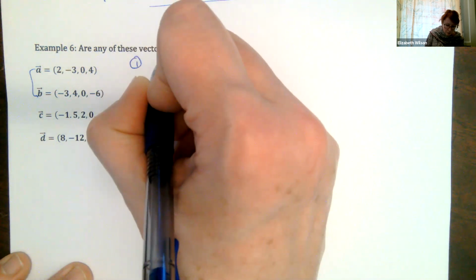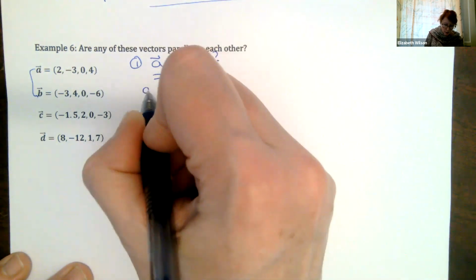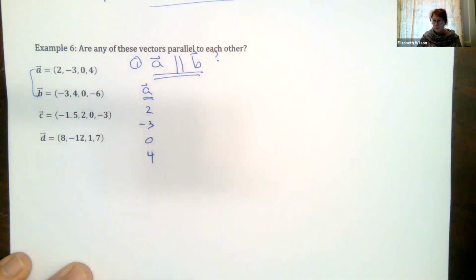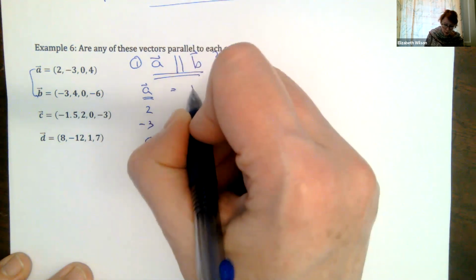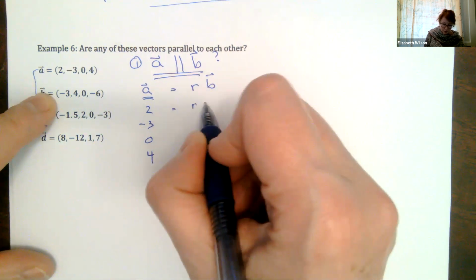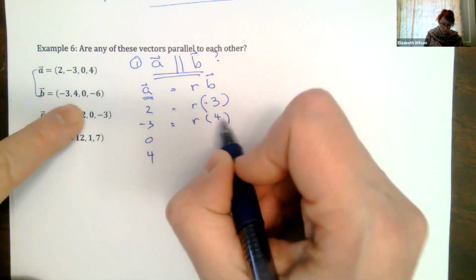The first one that we're going to do, I'm going to check A parallel to B, and I'll put a question mark. So what I'm going to do is specify the components of A: 2, -3, 0, 4. And then that has to be equal to R times the components of B. So it's going to be R times -3, R times 4, R times 0.